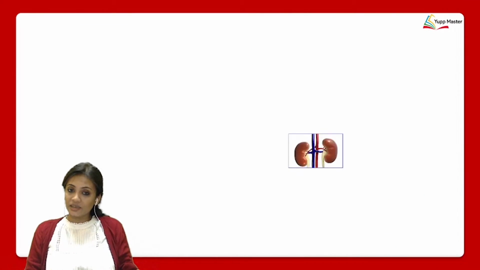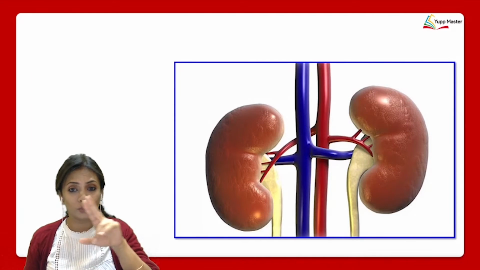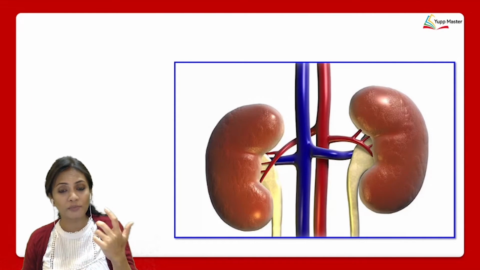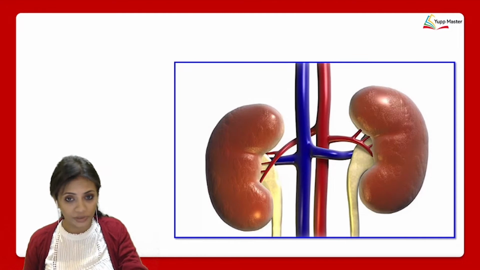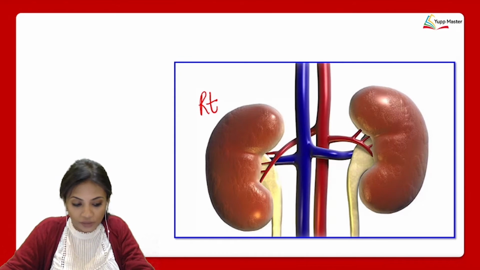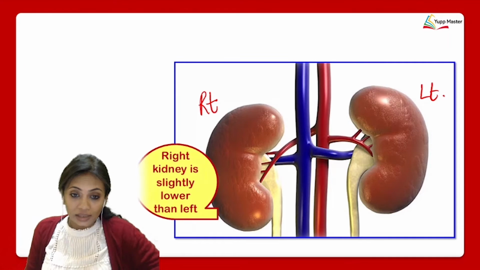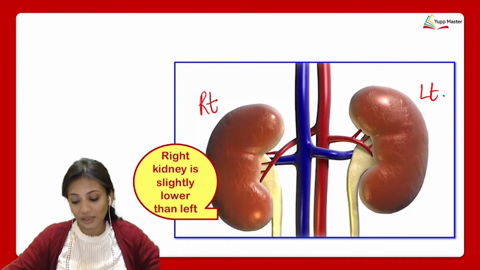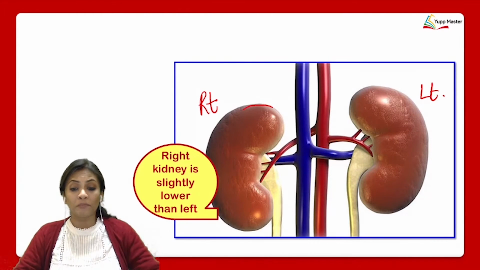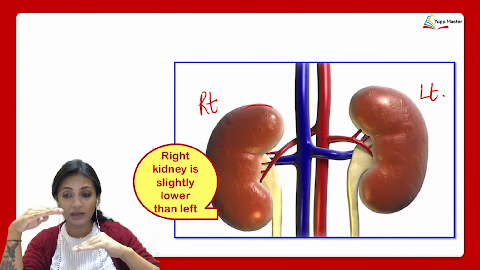Let's continue ahead. When we talk about the kidneys, which is the right one and which is the left one? It's zoology, so labelings are always going to be opposite. This is the right kidney and this over here is the left kidney. If you can see in the diagram, the right kidney is placed lower than the left one.